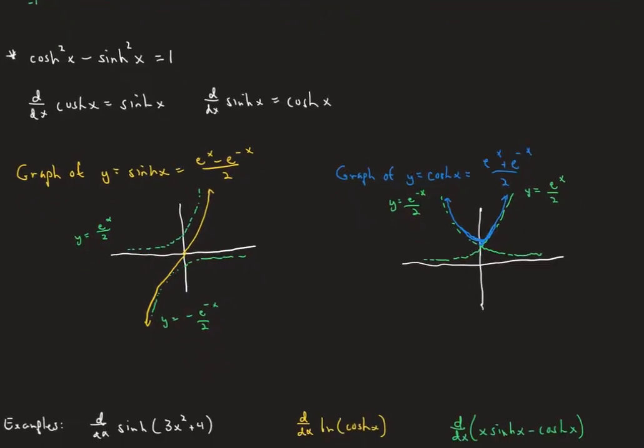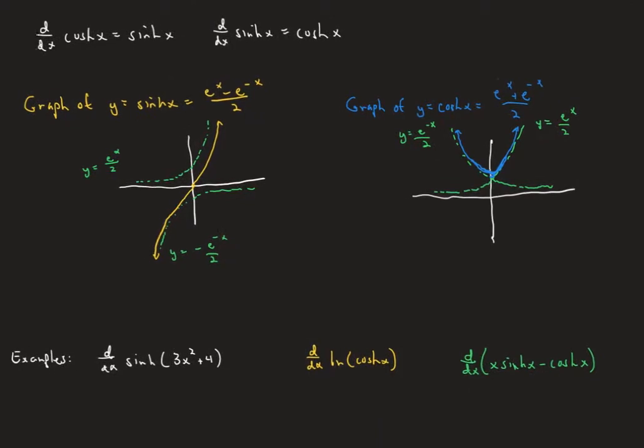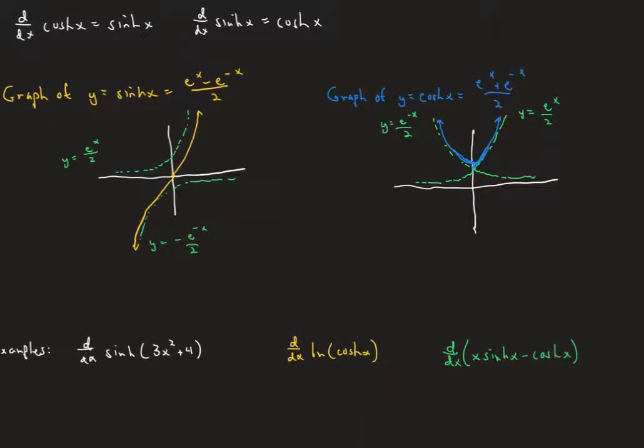The graphs are kind of worth looking at a little bit just for a little understanding. Notice that the hyperbolic sine, because you have e to the x minus e to the negative x, when x is 0, you're going to get 0. So the graph of hyperbolic sine is going to go through the origin.